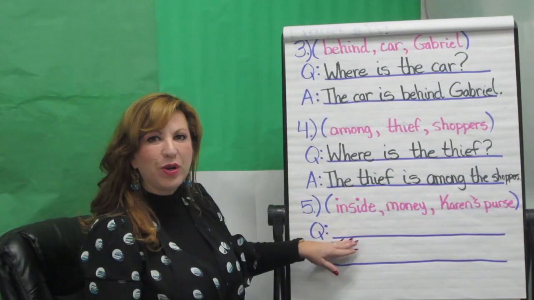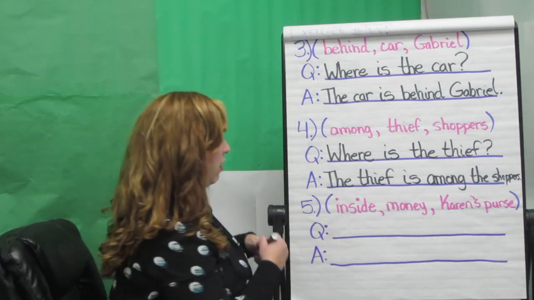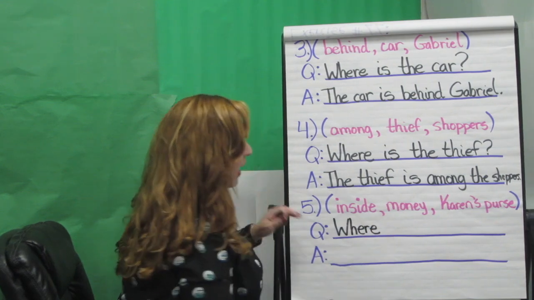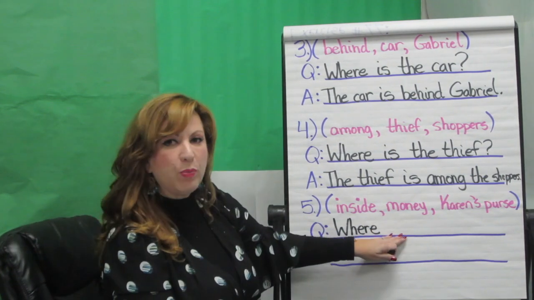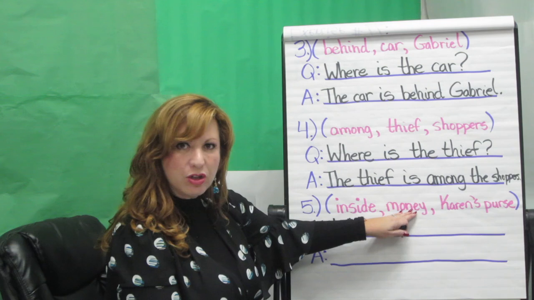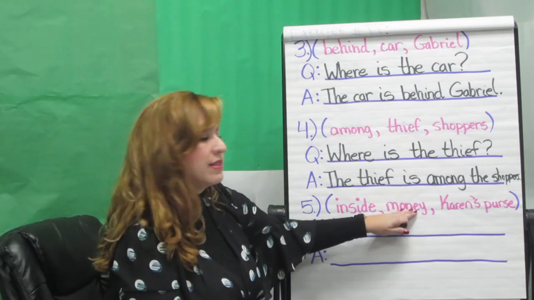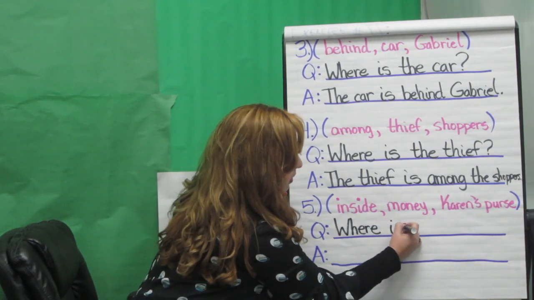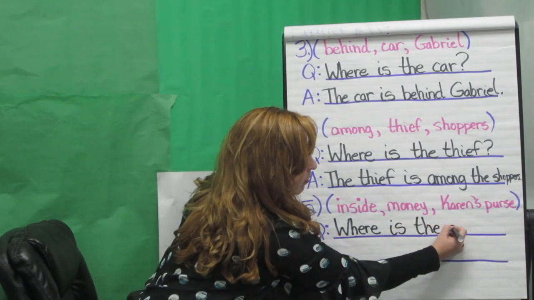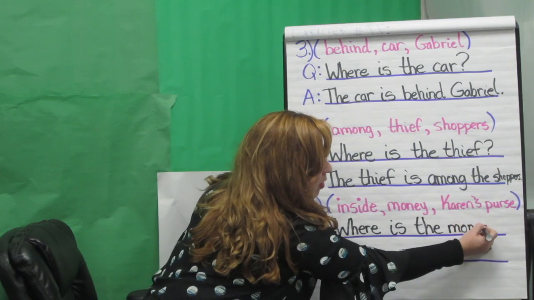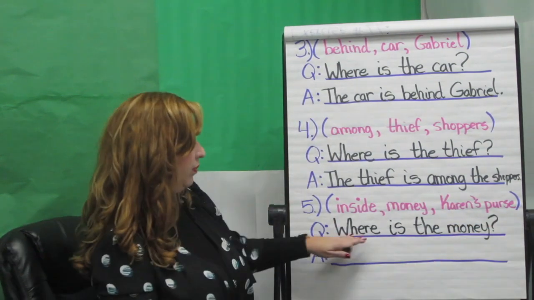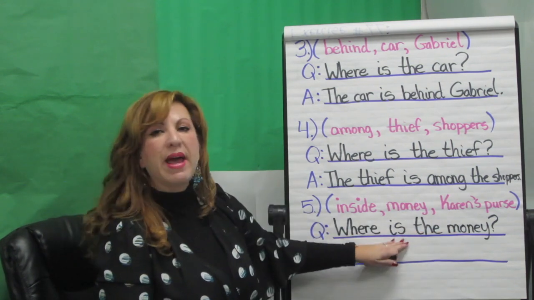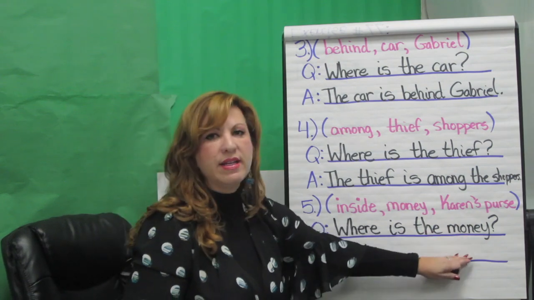Okay, so again, we're going to begin with our question word, where. And of course, before I decide what helping verb, I need to see if it is singular or plural. So it's money. So it would be where is the money? Where is the money? So here again, I have my question word, my helping verb is, the money is my noun.